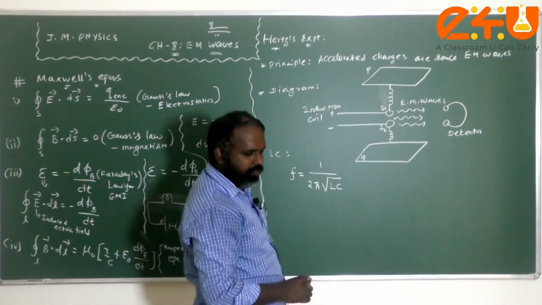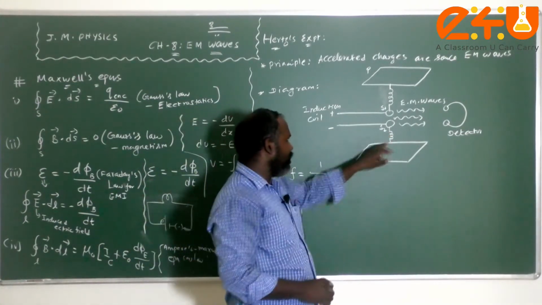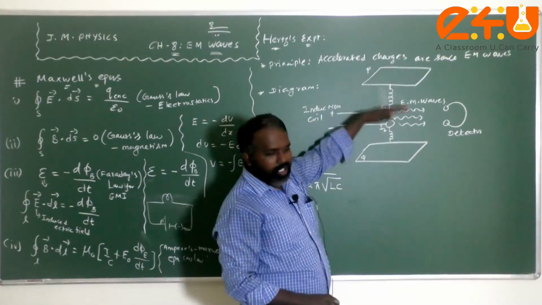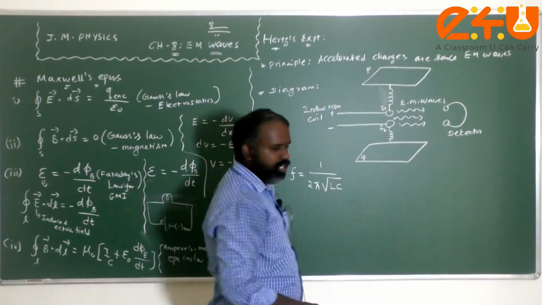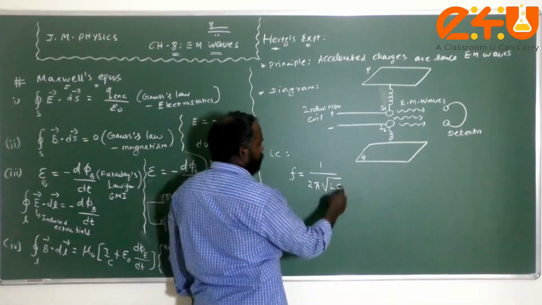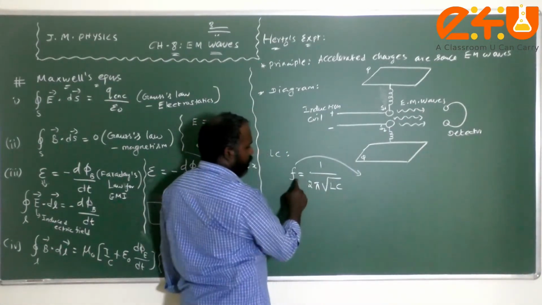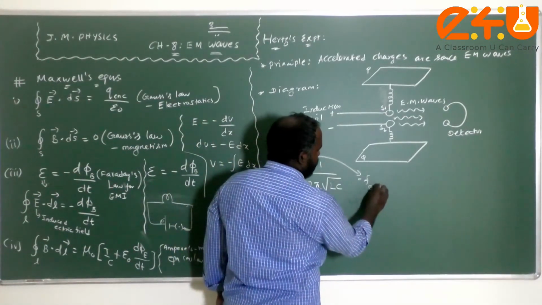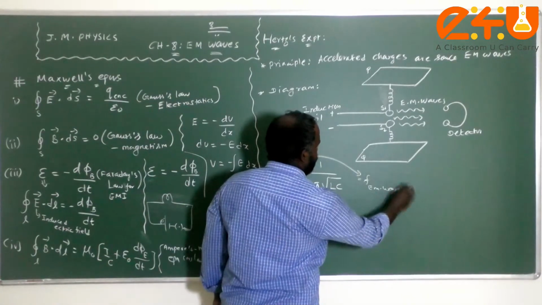L into C, where L is the inductance value of this connecting wire and C is the capacitance value of these plates. So the frequency of the oscillating charge is equal to what, children?